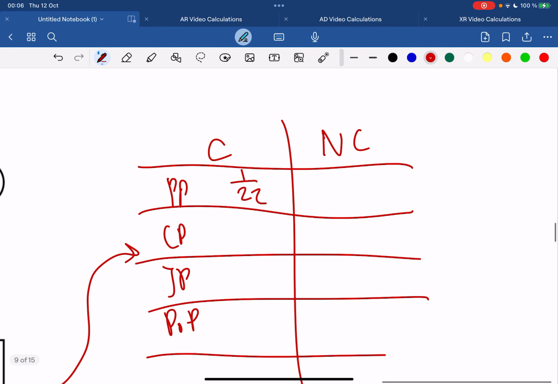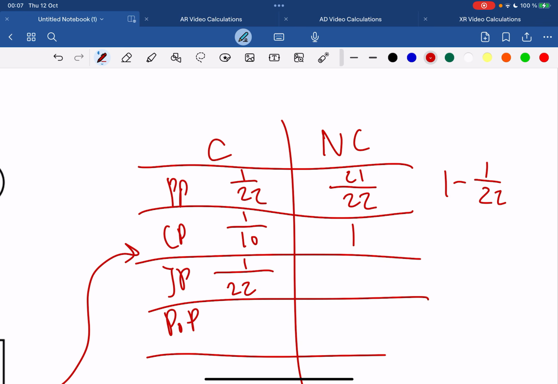The non-conditional will be 1 minus 1 out of 22, which is 21 in 22. Then we have a conditional probability of 1 in 10, just like before. And then joint probability is 1 over 220.